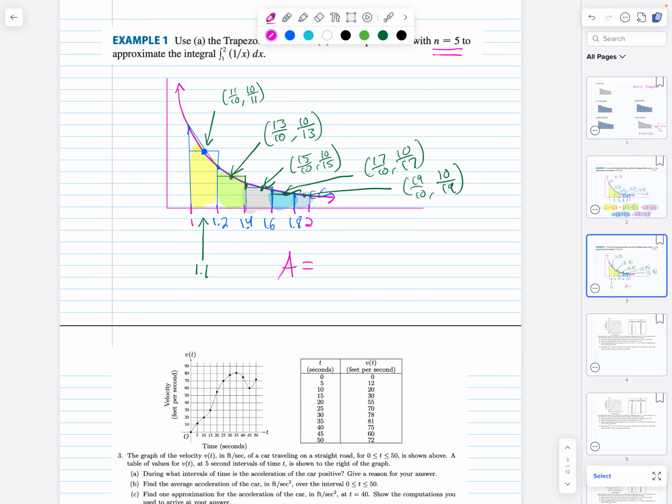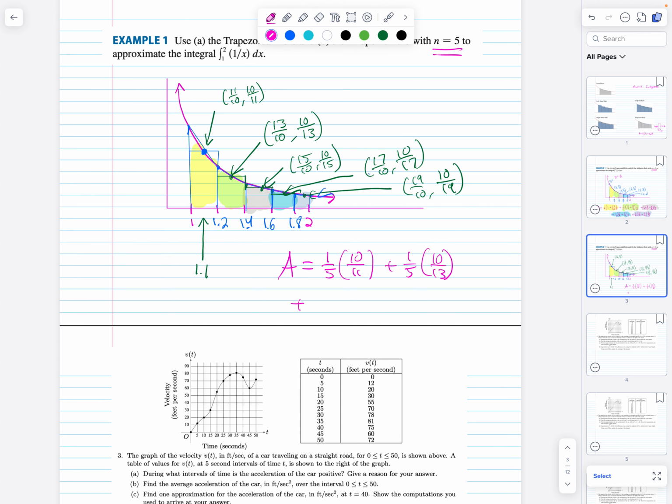and my area calculation is going to be, well, let's see. Area of each rectangle is base times height, right? Well, all the bases are 0.2 or 1/5. So my first rectangle has a base of 1/5 and a height of 10 over 11. My second rectangle has a base of 1/5 and a height of 10 over 13.